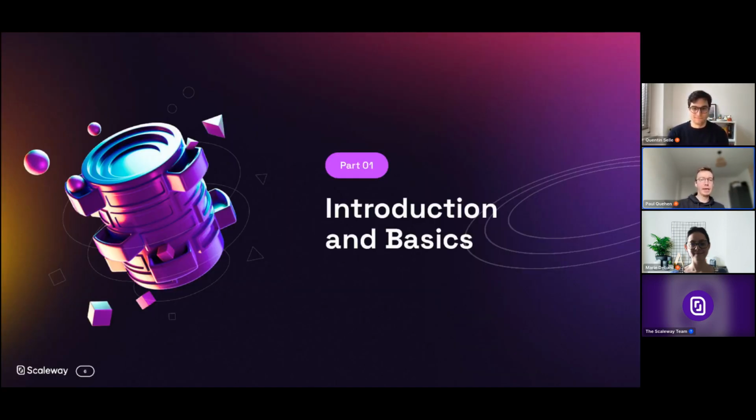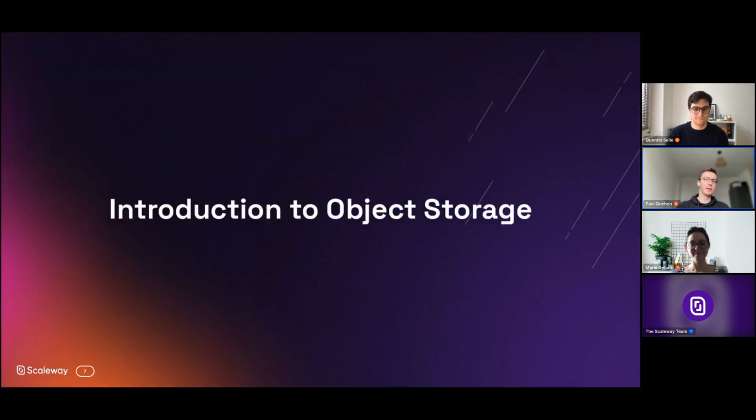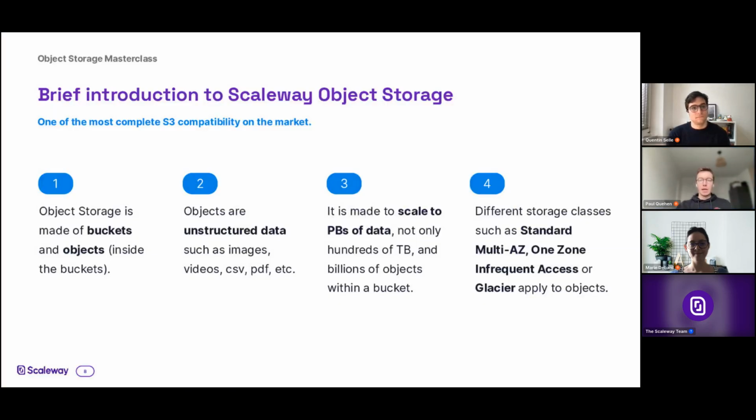So, introduction and basics, we'll start with the introduction to object storage. The first question when talking about object storage is, what is object storage? So first, let's understand how it is built. Object storage is made of buckets and objects that are inside the buckets.